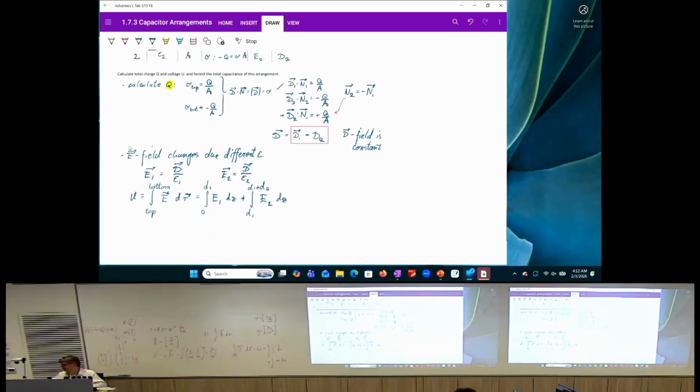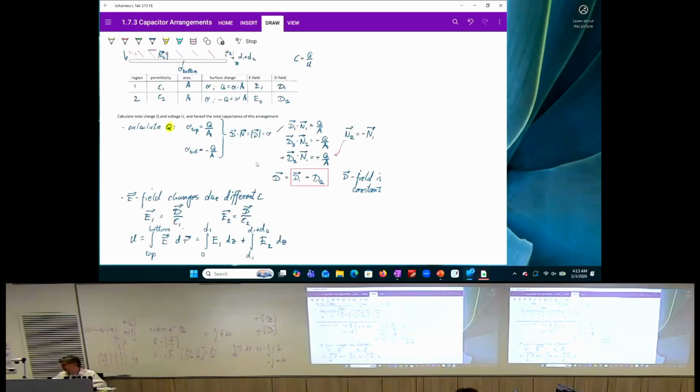In the first region, the electric field is also purely oriented in z direction, given by the flux density divided by the first material parameter epsilon 1. And in the second region, it is given by the flux density divided by the second material parameter epsilon 2.